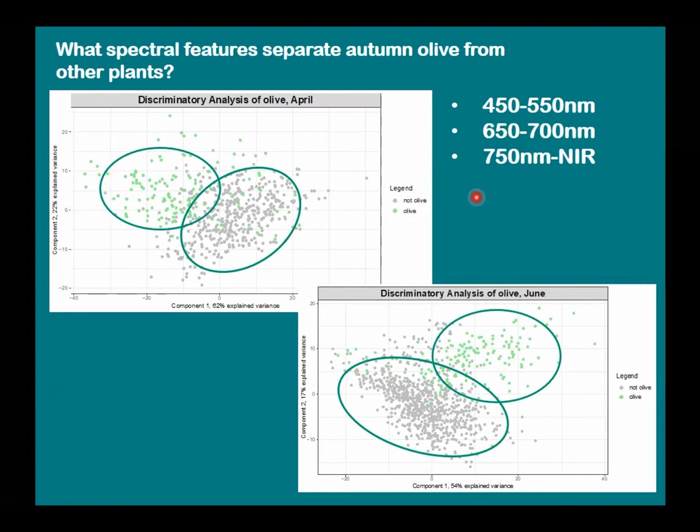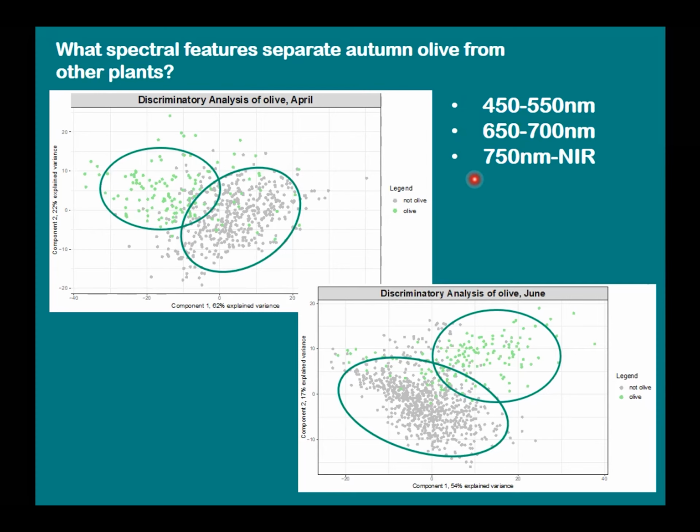So Kelsey honed in on a few sets of wavelengths, knowing that she has 270 pieces of data for every pixel. Some of the wavelengths that seem to do the best job of discriminating among species were in the blue wavelengths, the red wavelengths, and the near infrared wavelengths.